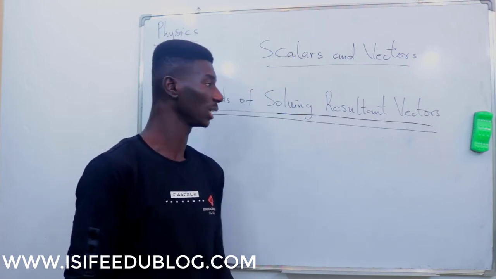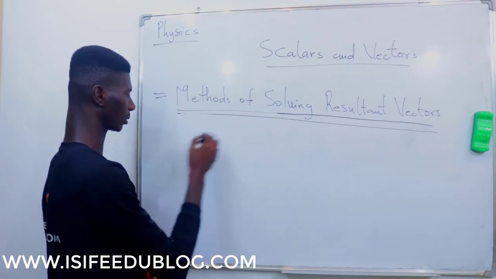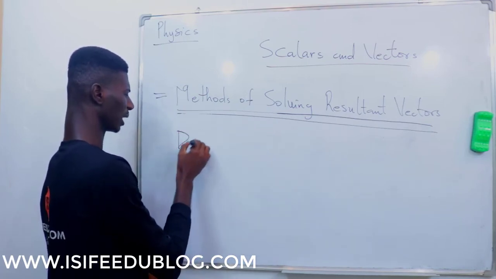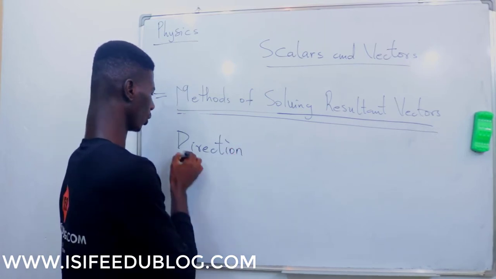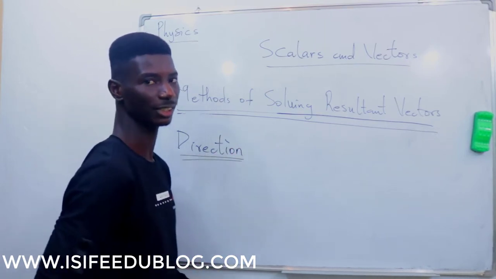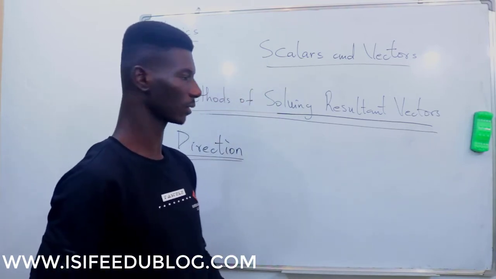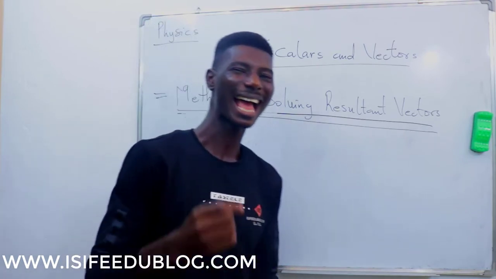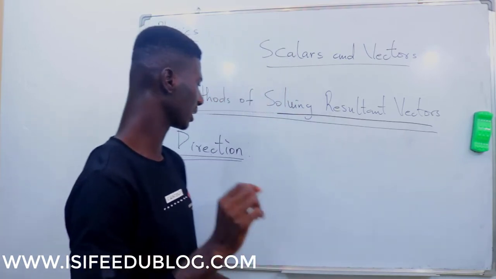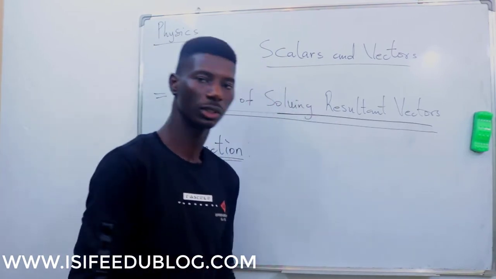That is why we are here, to be clarified. Each time they ask you a question to get the resultant vector, you are also asked the direction of that resultant. What is the direction of a resultant vector? It is an angle, the angle the resultant vector makes with the horizontal.